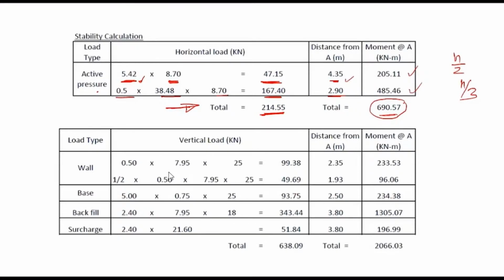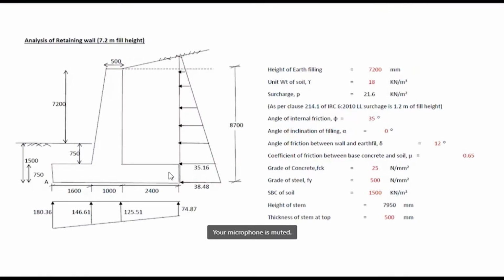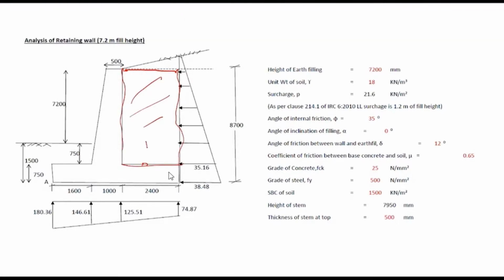Okay, and the restoring force will be from the wall, the base, the backfill, and the surcharge. The restoring force will act for this backfill. Sorry, this will act here. We will calculate the weight of this filling. Then, due to this surcharge, that will also act here at this center.